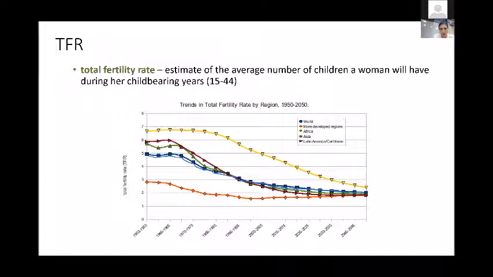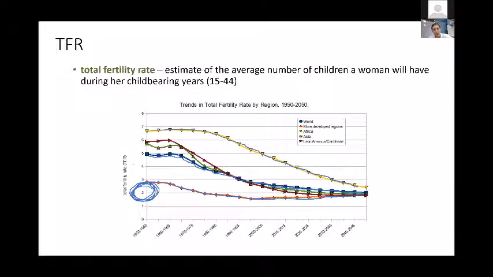Here in Africa, it's been very high for a long time, and again, it is leveling out. In more developed regions, it has also begun to decrease and is leveling out too. And you notice it's kind of remaining at about 2 children per woman during the entire reproductive period of her lifetime.